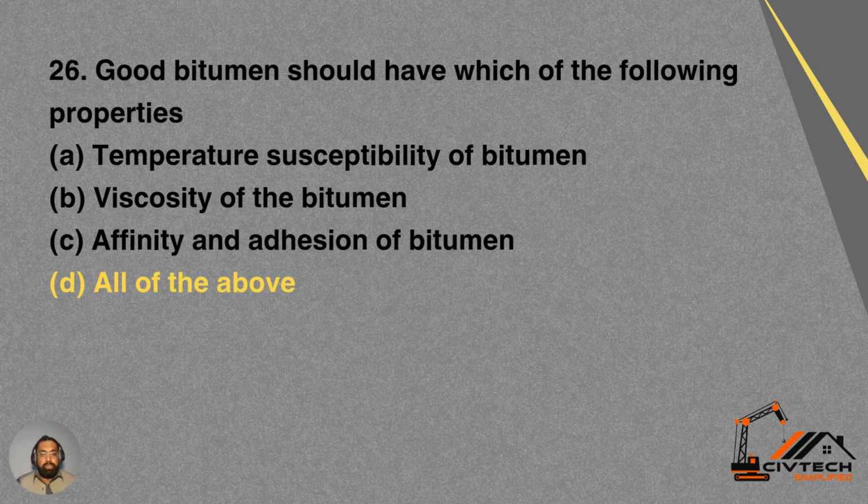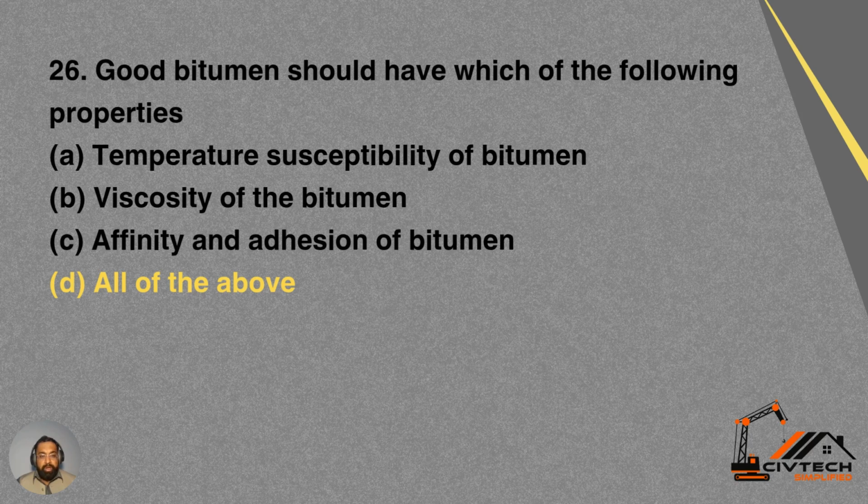So here is question 26. Good bitumen should have which of the following properties? Option A, temperature susceptibility of bitumen. Option B, viscosity of the bitumen.